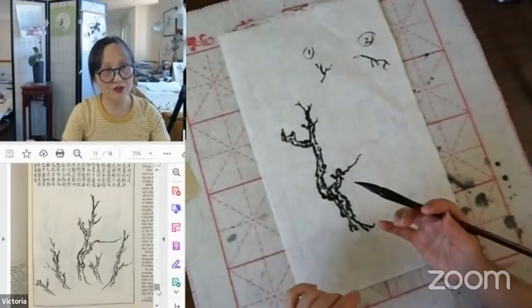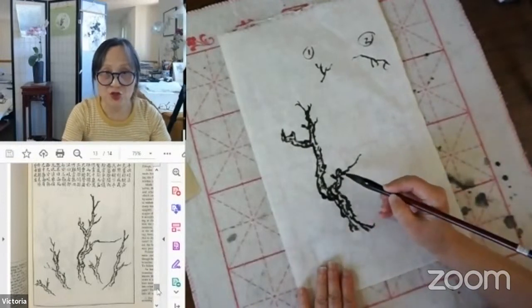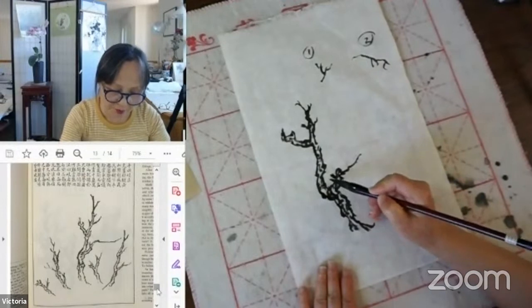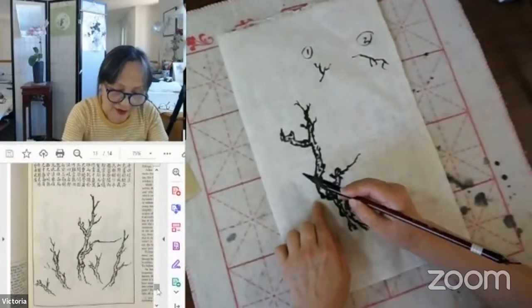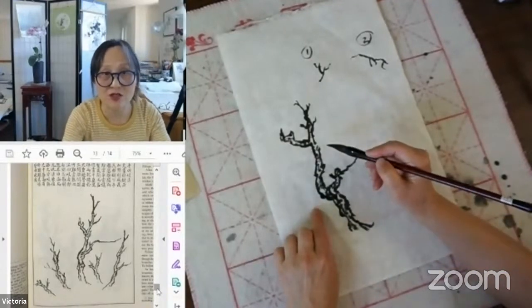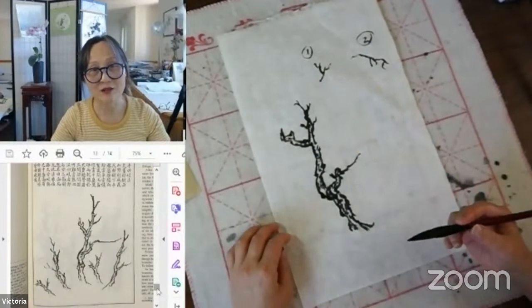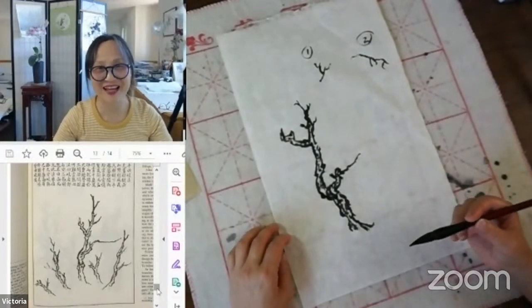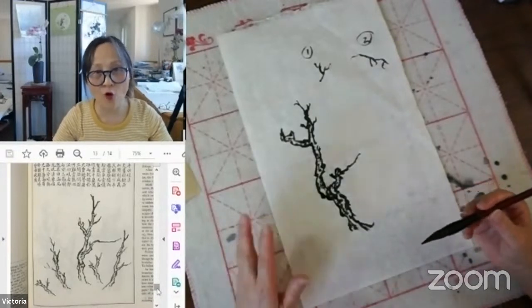Also, from the main branch you can do some smaller branches by weaving in, and cross them to show something front, something back. Later, with more complicated trees, you get a chance to do that. However, always think about four ways.